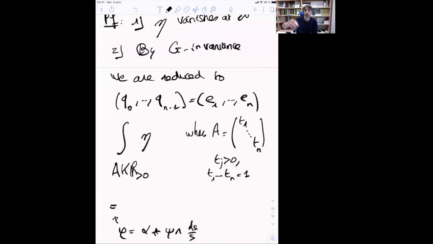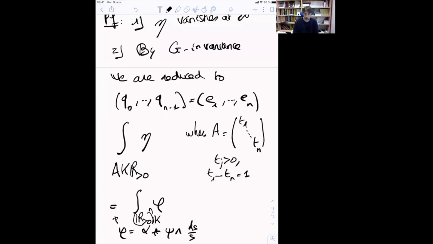So in fact, integrating on the one more variable, which is the R positive real here, it's the same as taking the period of phi. So in fact, this is the same as the phi here. And here you integrate over n positive variables, as always the compact space K.